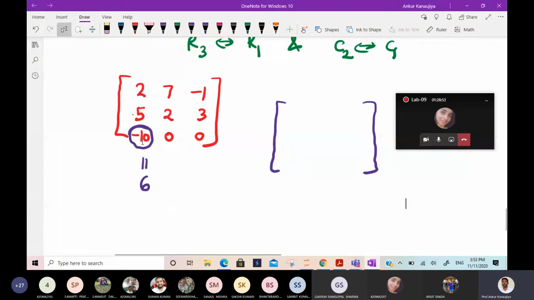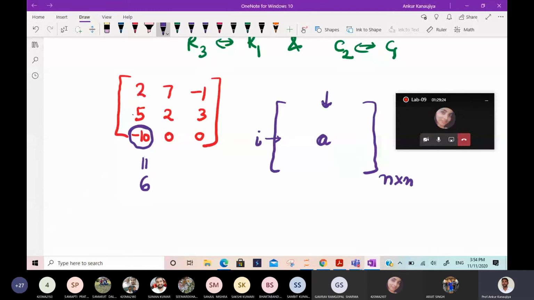So I will derive the general formula. First we will derive the general formula for the ith row, jth column. If this is the a_ij entry in an n cross n matrix, then what will Python give for this i, jth entry, if this is the ith row and jth column?